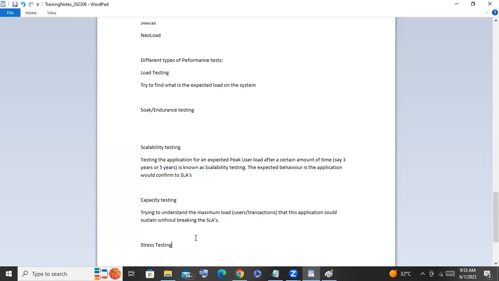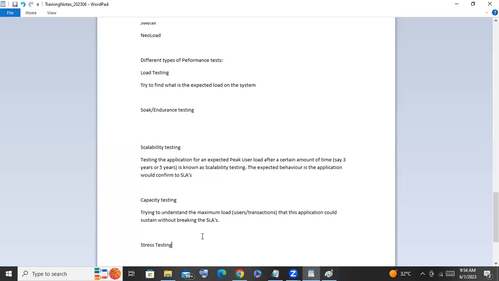The basic reason why we do stress testing is that you are stressing the application, but the application should not completely crash.